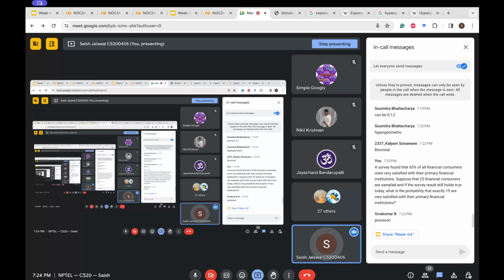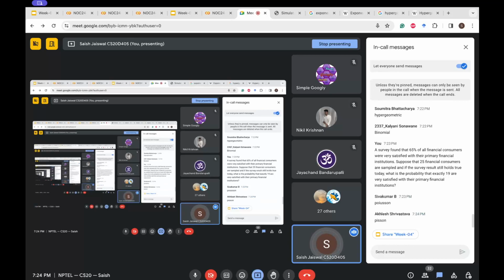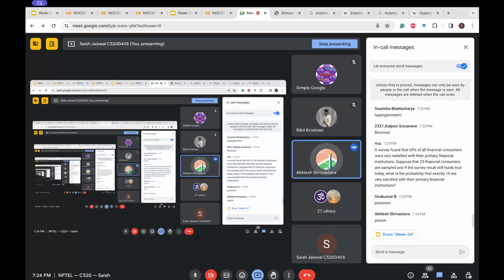Okay, Poisson, but why Poisson? It's not Poisson. In case of Poisson, you will be having an average, right? So is any sort of an average given over here? 65%, is that an average? In the case of Poisson distribution, the average will be given as something per time unit, like 2.5 customers per day, or 4 liters per hour.